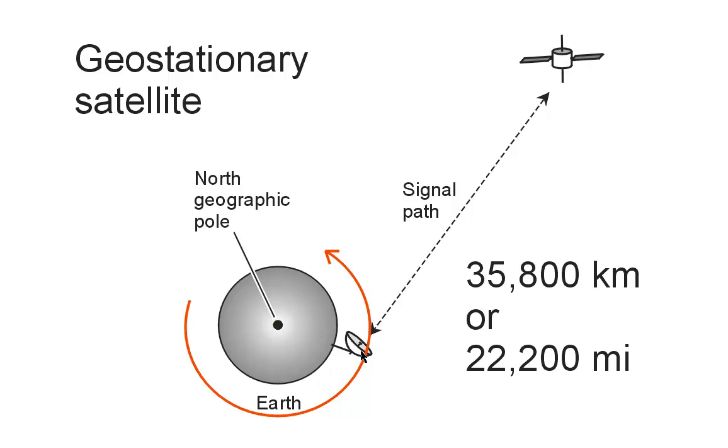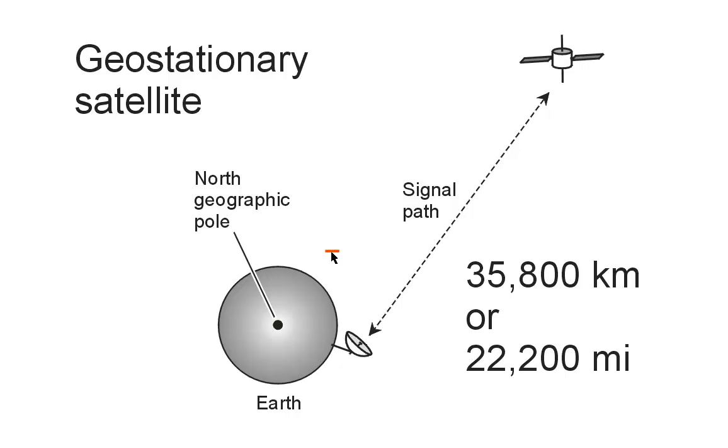And we have here an example of a dish antenna transmitting and receiving along this signal path to and from this geostationary satellite. Now, what will happen if the satellite's orbit decays so that it becomes less than this critical 35,800 kilometers? What are we going to see?